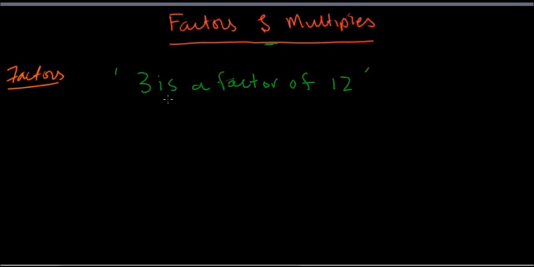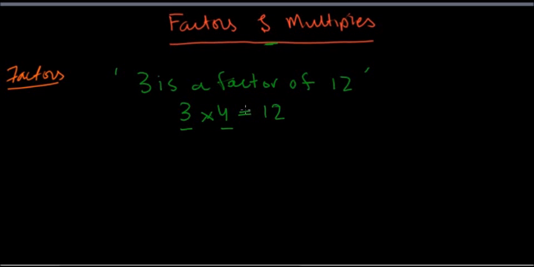Okay, so we know 3 times 4 gives us 12. So both 3 and 4 are factors of 12. Okay, so in very simple terms, factors of a number are numbers that when multiplied by something give that number.